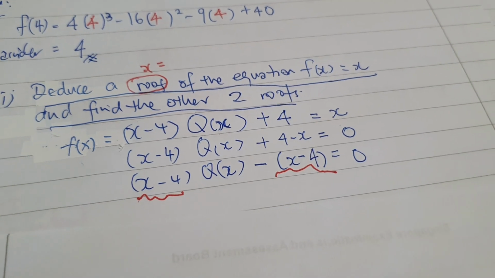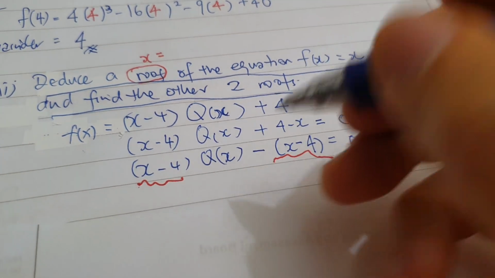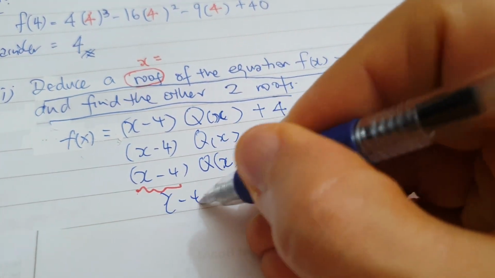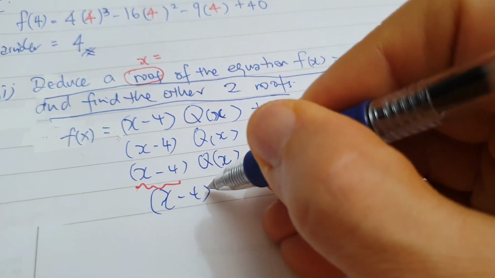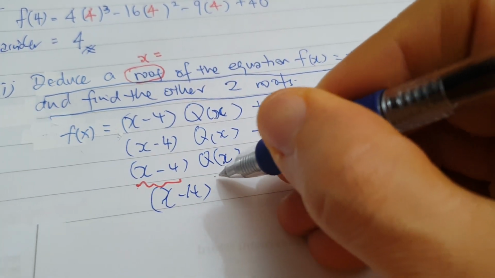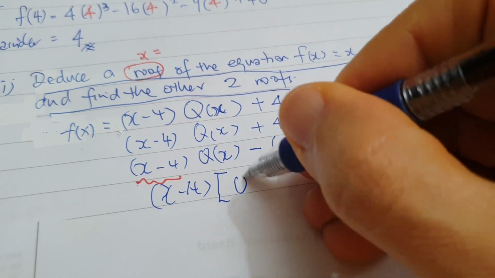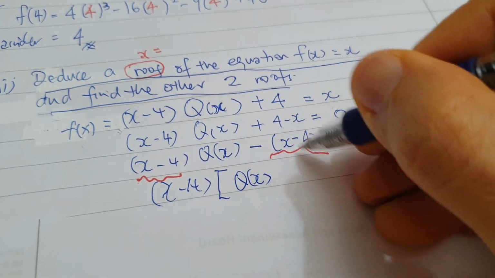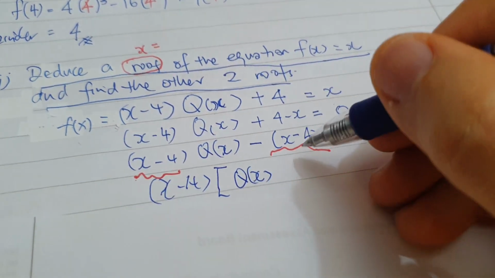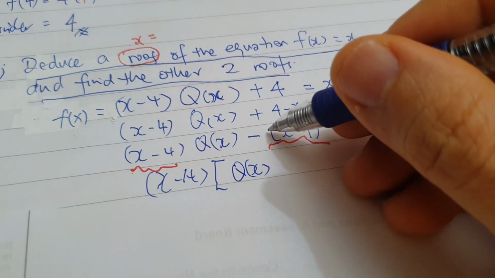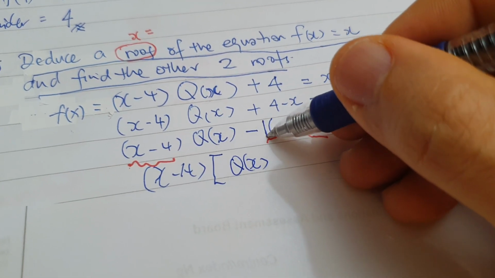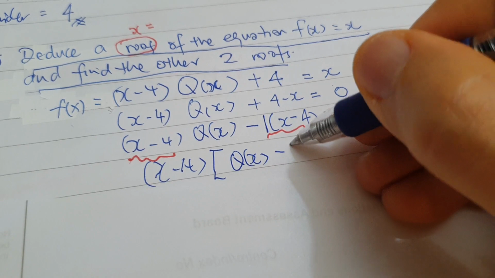So I take out common factor, x minus 4, and the things that remain are qx, the original quotient here, whatever it is, I don't know, I don't really bother also. Down here, it's not 0, there's actually a 1 here, so it's minus 1.